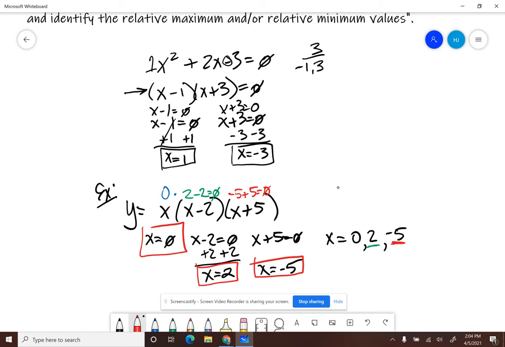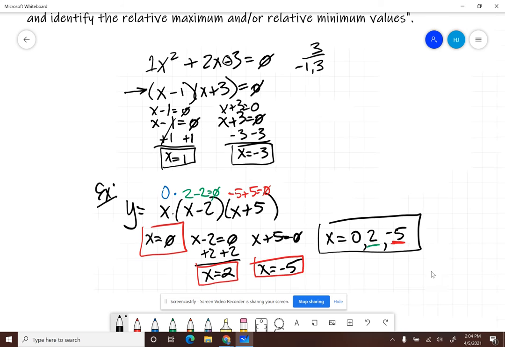So either one of these three answers is going to give me a 0. So that means x could equal 0, x could equal 2, or x could equal negative 5. Either way, if it's either one of those three numbers, then this thing's going to end up being y equals 0, okay? So that's basically all you're doing for this first part.